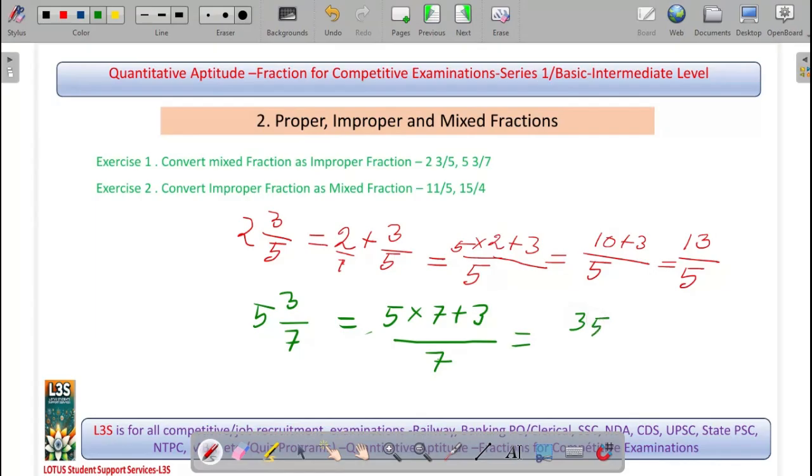So it will be 35 plus 3 by 7, 38 by 7. So we converted these mixed fractions to improper fractions. So 13 by 5 is an improper fraction and 38 by 7 is an improper fraction. So let's do the next one.